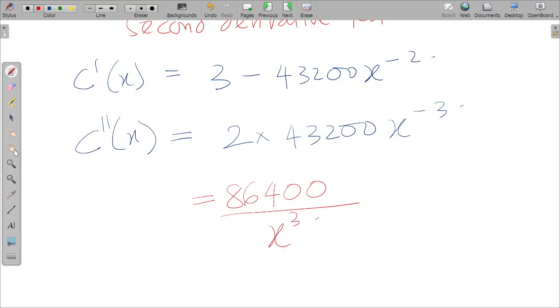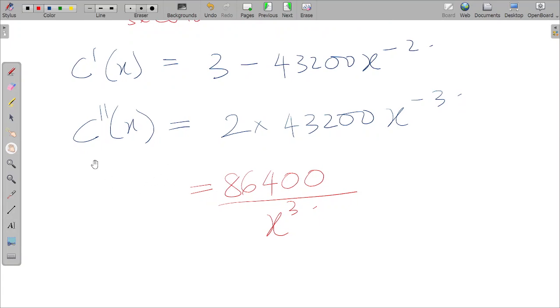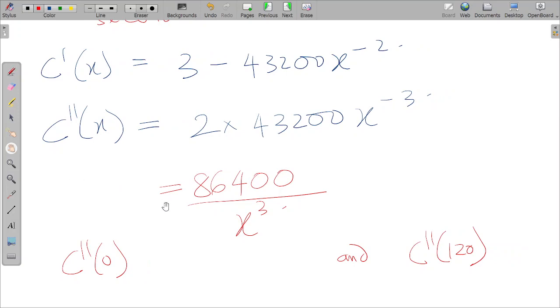Now, in this second derivative, we need to put in 0 and also 120, and see which one is giving us minimum or maximum.